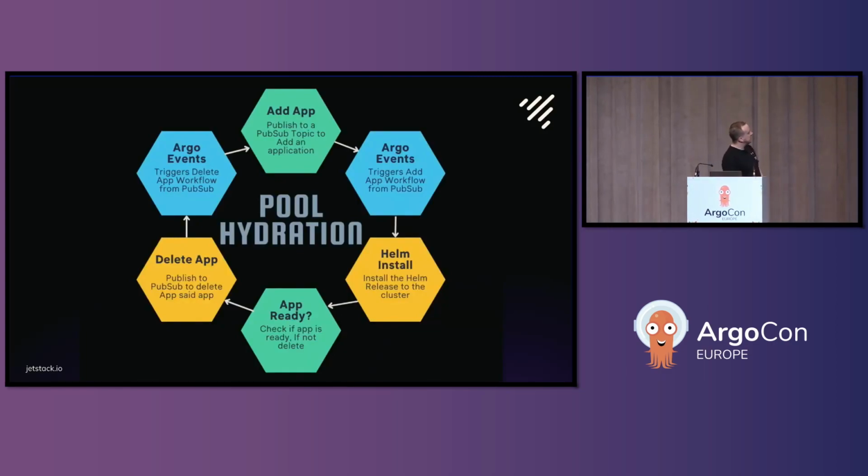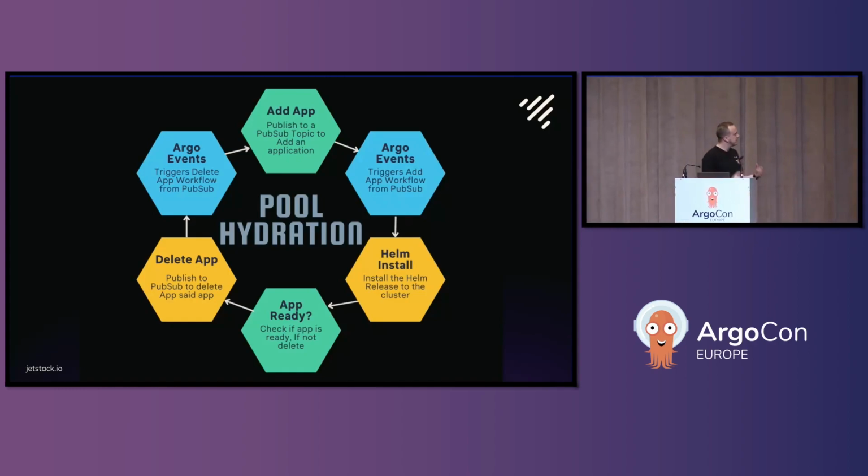We get a message from the front end saying, let's create an application of WordPress, whatever. Argo Events picks it up, the workflow triggers, we get a Helm install, and we have this little process to say, is the application ready? If not, we delete it.